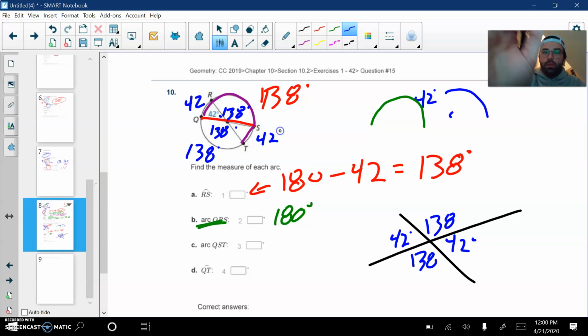And this has a measure of 42. So to find QST, I'm going to do 42 plus 138 plus 42, so 180 plus 42.